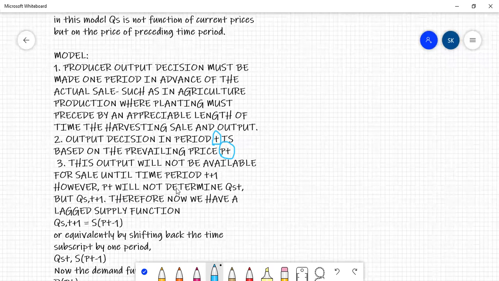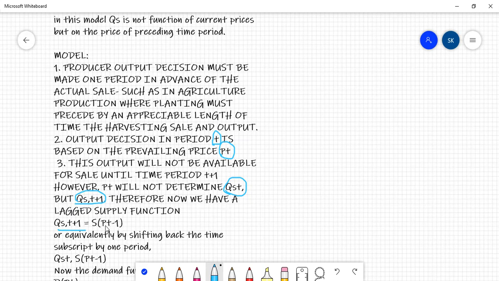However, Pt will not determine Qst as told earlier. Pt will not determine Qst but Qs(t+1). Therefore, now we have a lagged supply function, that is Qs(t+1) is a function of Pt. Similarly, Qst is a function of P(t-1).